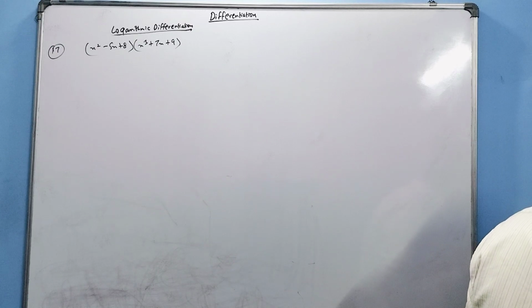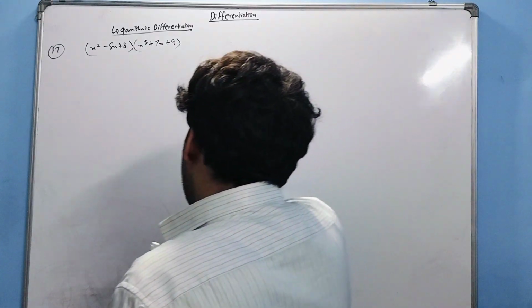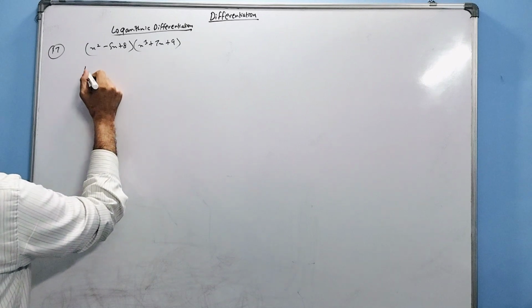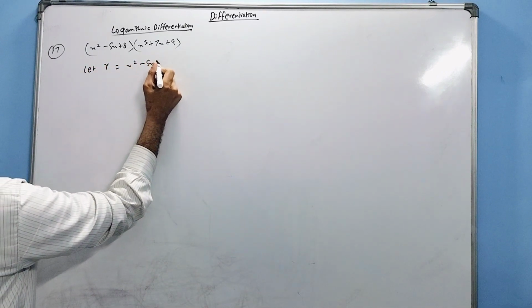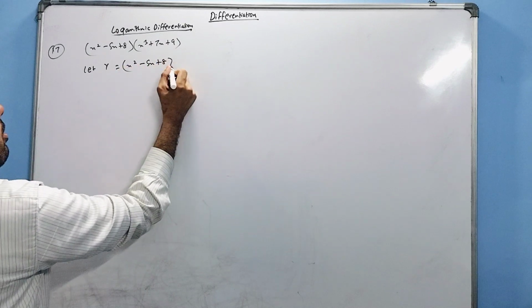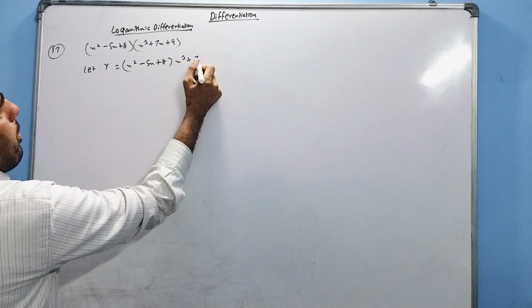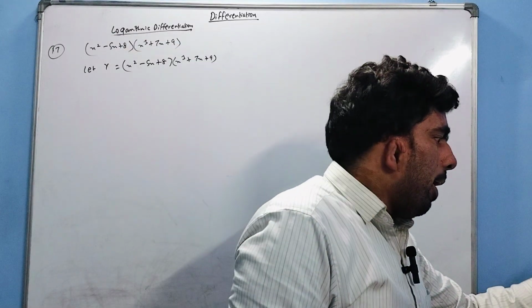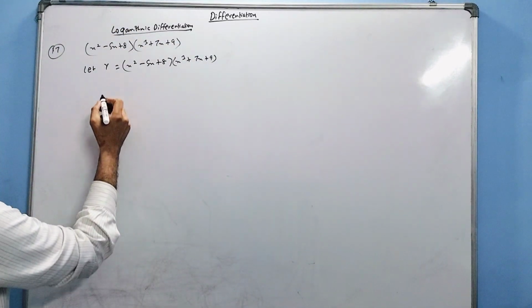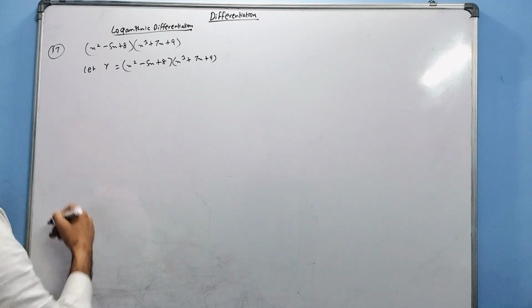Let y is equal to (x square minus 5x plus 8)(x cube plus 7x plus 9). Let's try to solve it first by expanding.